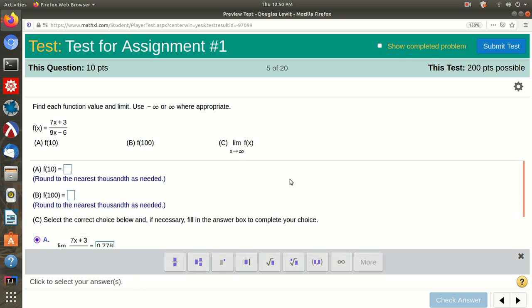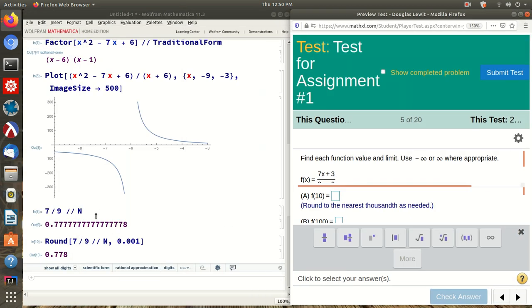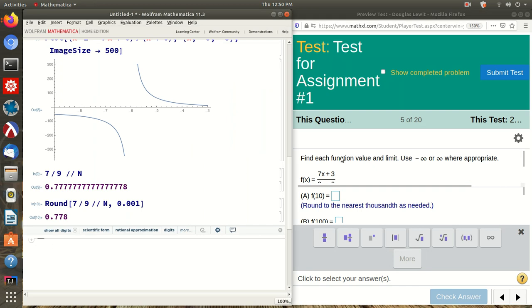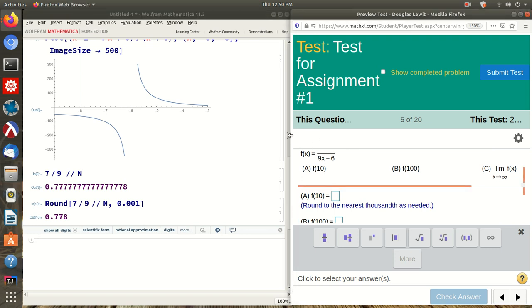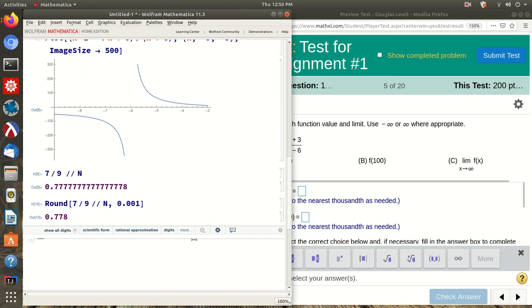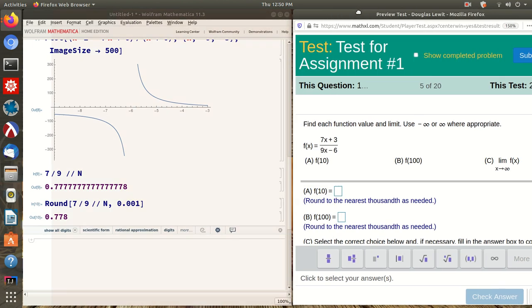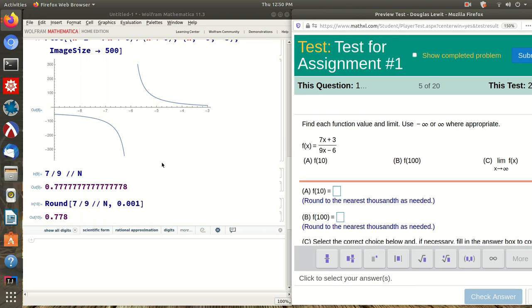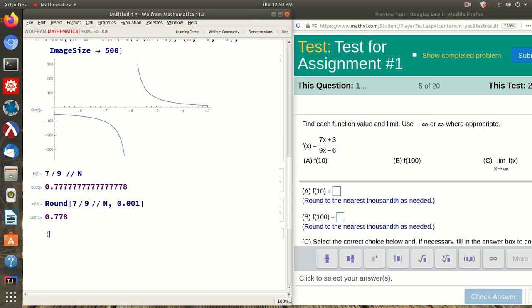Now, the first two are pretty simple. The first two questions, f of 10. I have 7 times x plus 3 divided by 9 times x minus 6.